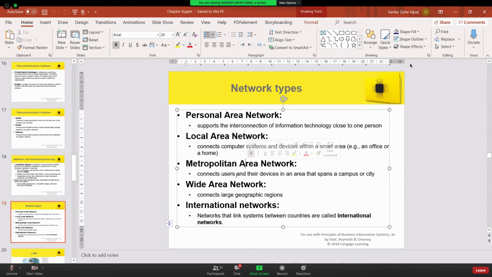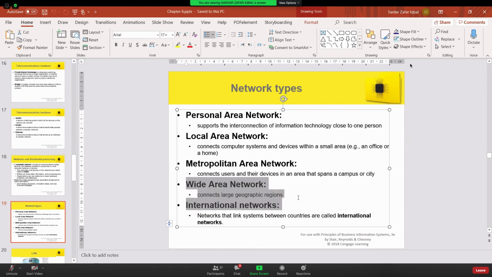A metropolitan area network connects users and their devices in an area that spans one campus or one city. So the network of this size is called a MAN, metropolitan area network. I repeat again, its size is one campus or maybe a city. A wide area network connects a large geographic region, maybe 2 cities, 3 cities, 4 cities, 5 cities in a country.